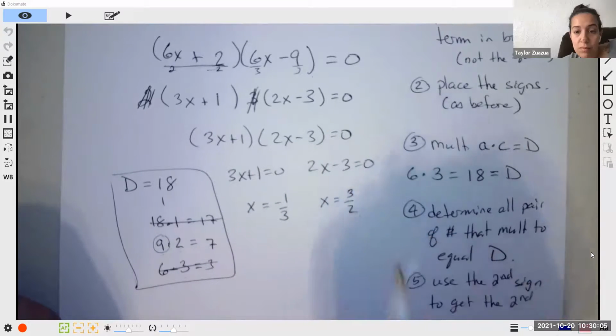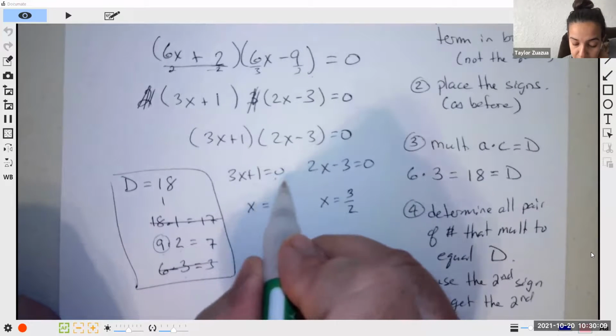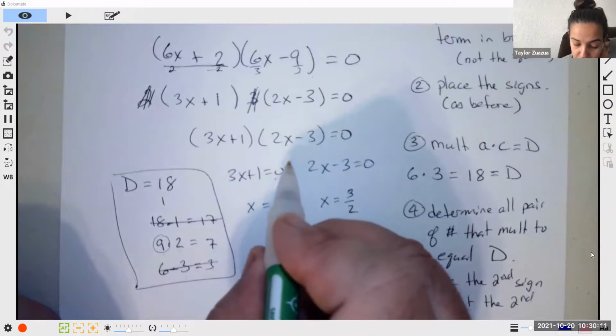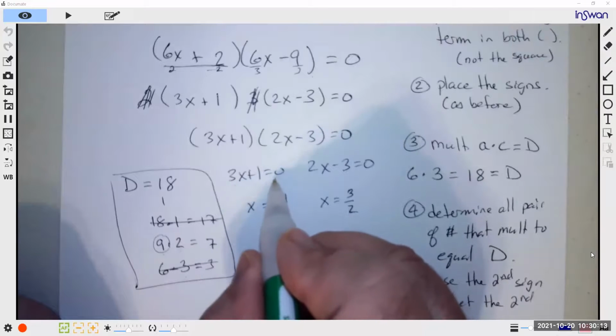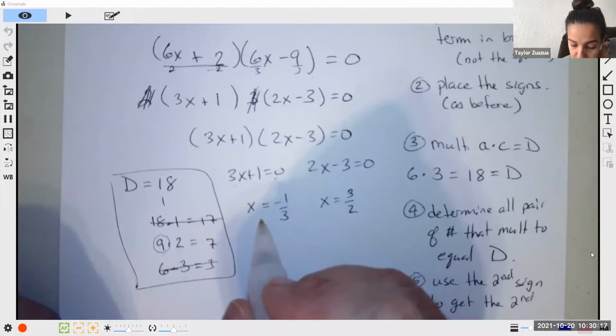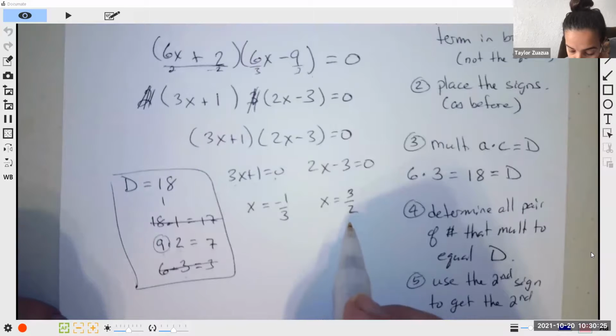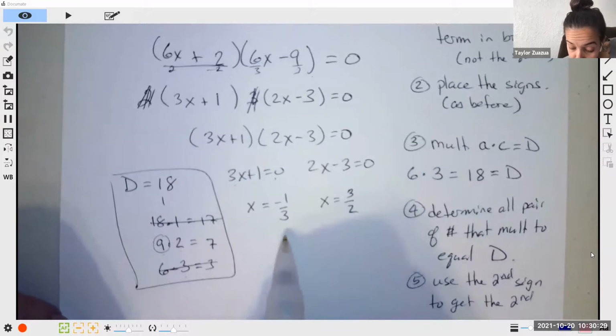You have to first move the 1 over here, so it'll be negative 1, and then you divide by 3. And 2x equals positive 3. Then divide by 2. So x equals 3 over 2, and x equals negative 1 over 3.